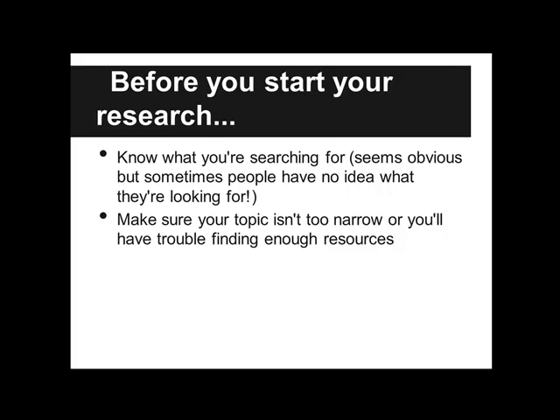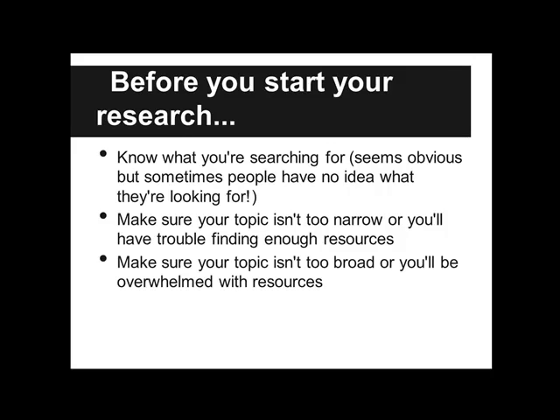If you have something too narrow, you'll also get frustrated. If you have something too broad, you'll probably get overwhelmed with resources. The best way to go about researching is to have something moderately broad, then narrow it down based on search results and limiters that are in the databases, which we'll look at in a few minutes.